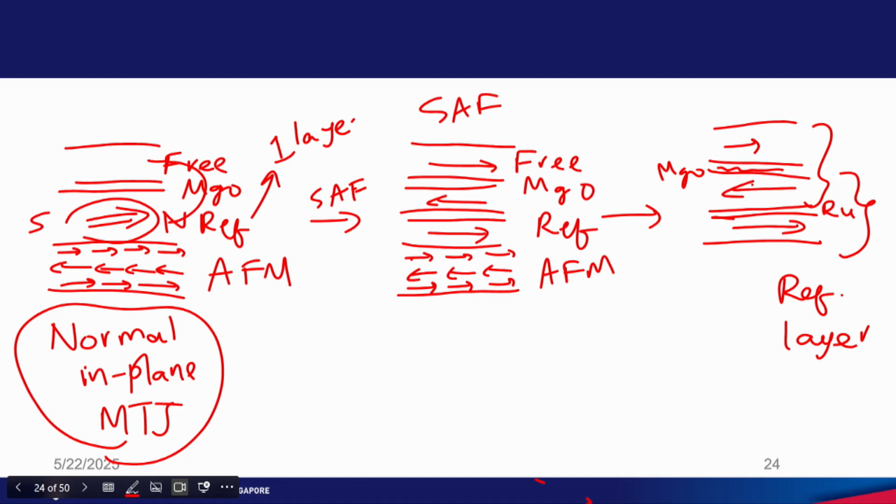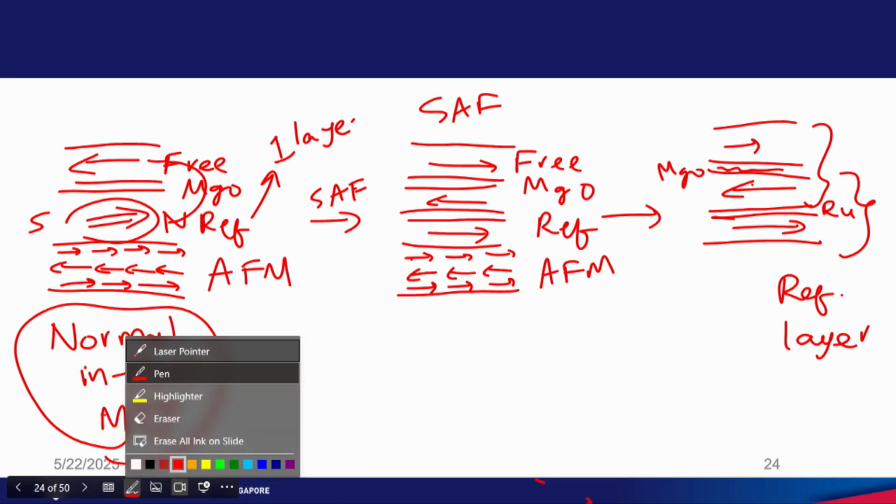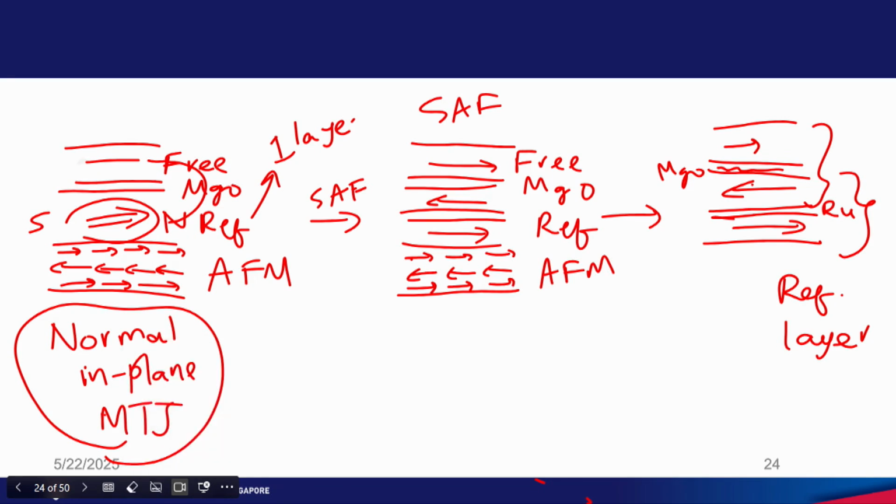So if there's a magnetic field, this direction will be favored, whereas free layer magnetization in the other direction is not favored. This is like having two north poles parallel to each other.